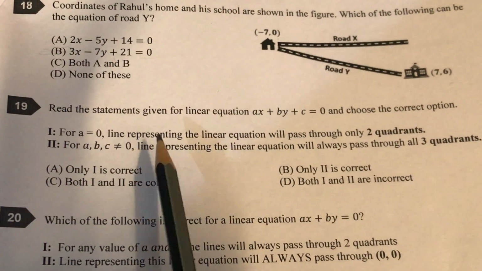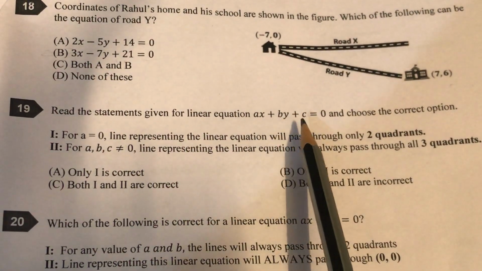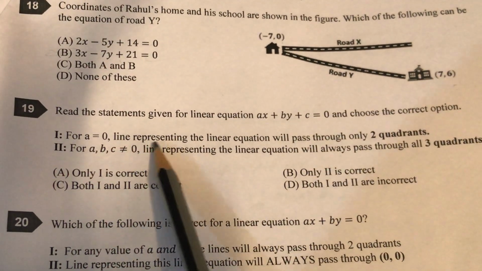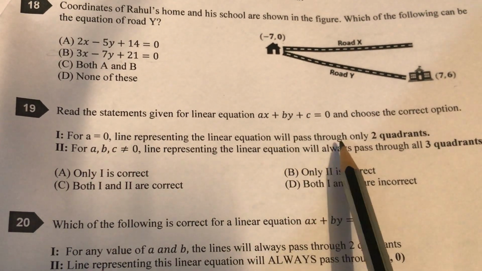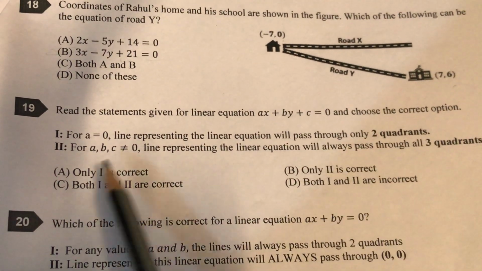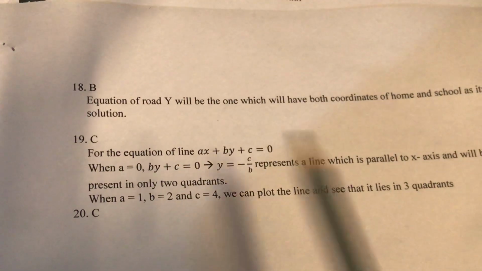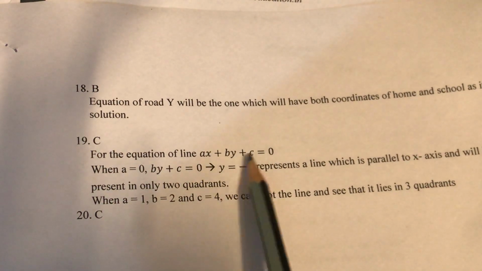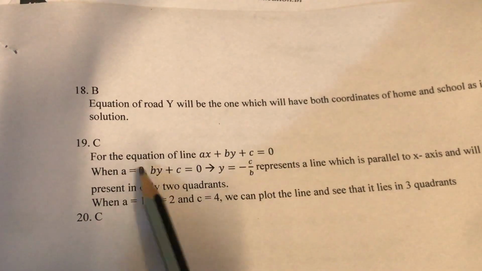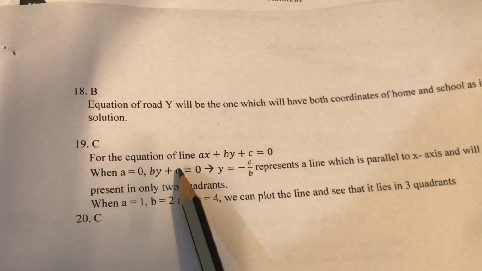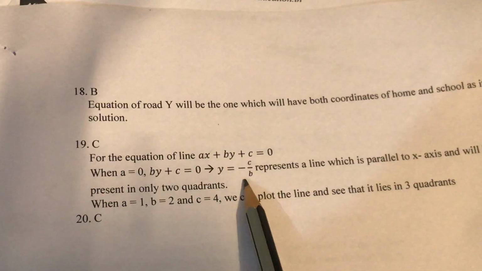Now read the statements given for the linear equation ax plus by plus c equals to 0 and choose the correct option. Statement 1: For a equals to 0, the line representing the linear equation will pass through only quadrant 2. And this is statement number 2. Now if you see this, for the equation ax plus by plus c equals to 0, when a equals to 0, then we have by plus c equals to 0, then y equals to minus c by b.